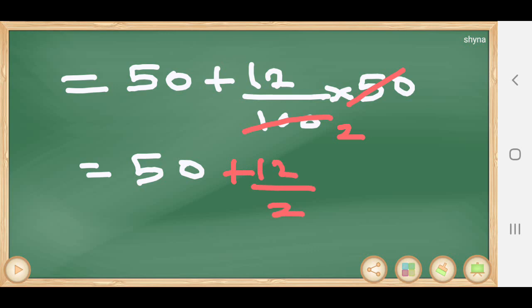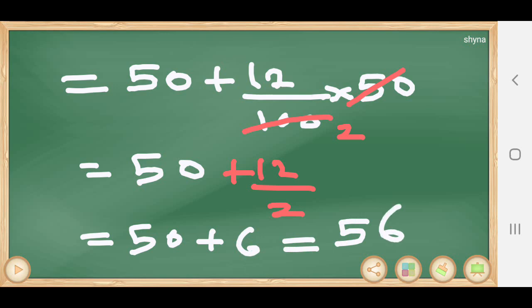While cancelling, 12 by 2 is 6. So while selling 1 meter shirt material, he'll get 56 rupees. That means he bought it for 50 rupees, but while selling he will get 56 rupees. That is only for 1 meter.